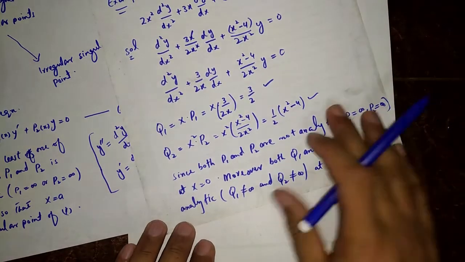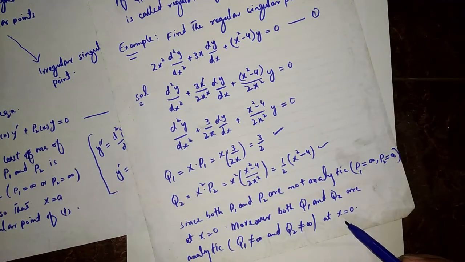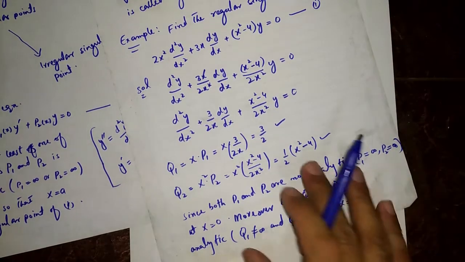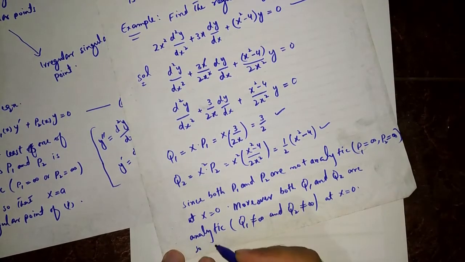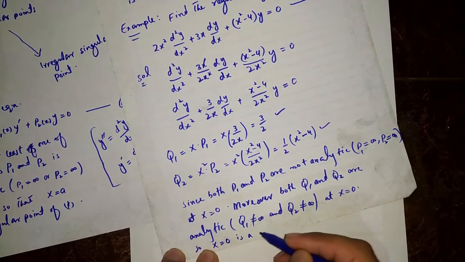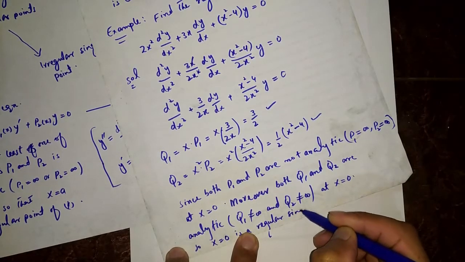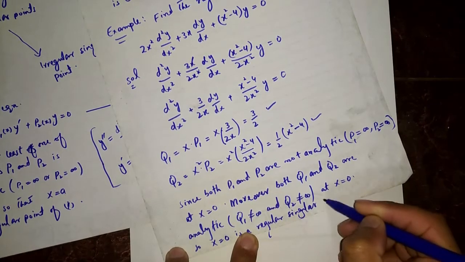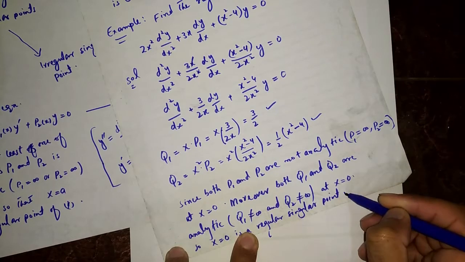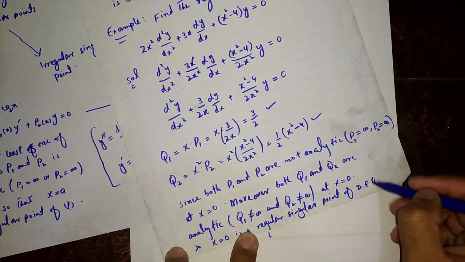So hence x equals to 0 is a regular singular point of the given differential equation. So x equals to 0 is a regular singular point of differential equation 1.